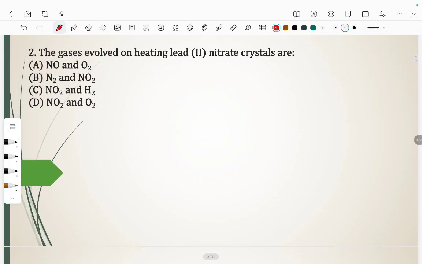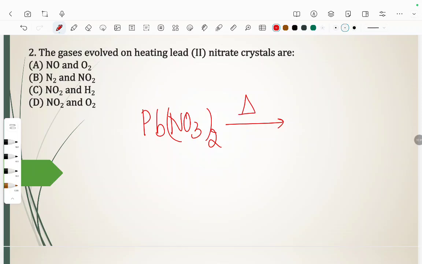The gases evolved on heating lead nitrate crystals are? Which are the gases obtained on heating lead nitrate crystals? We know that when Pb(NO3)2, that is lead nitrate, is heated up, then it decomposes into three main products, that is lead oxide, NO2 and O2.